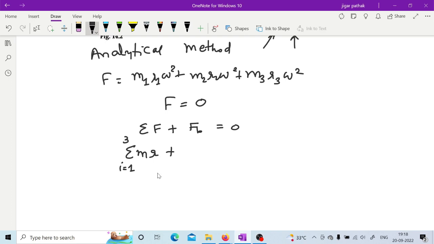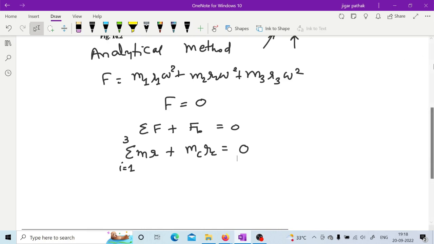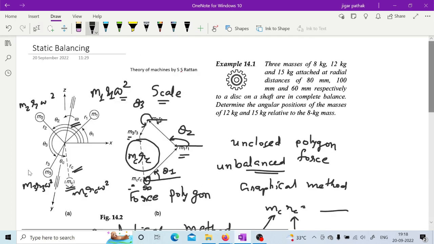Okay, okay. So here in our case there are three masses, right? So sigma for i equal to 1, 2, 3 of mr plus this balancing mass and radius, that is MCRC, must be equal to 0. Now if you observe this figure, you have the horizontal and vertical component of each force.